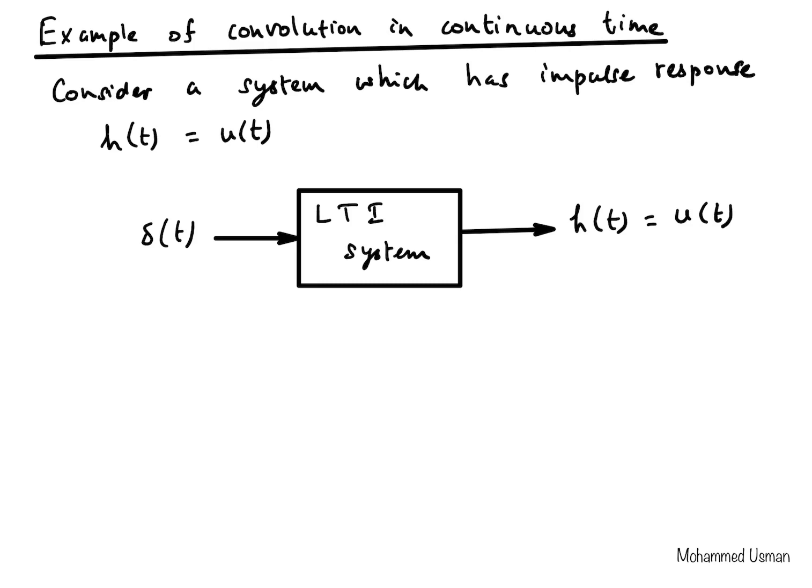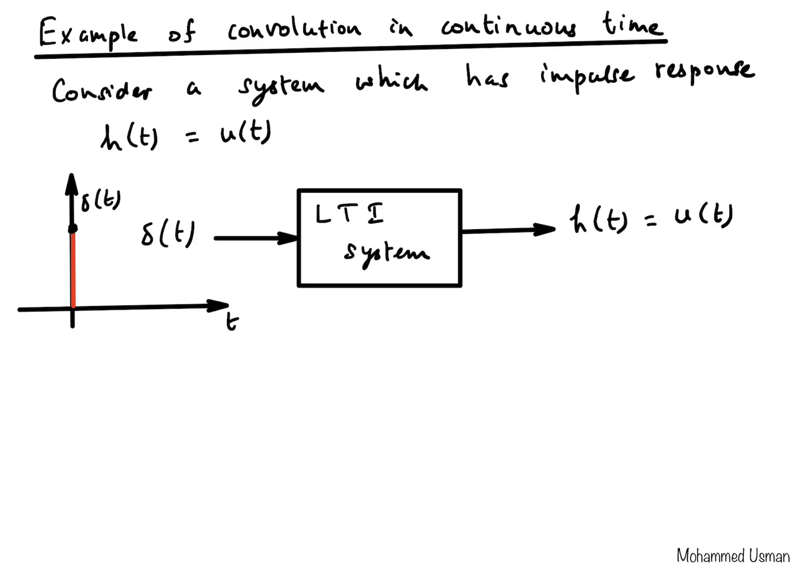Or if we had to plot this, basically what that means is when the input is a delta function, a unit impulse function, that's t, that's delta of t, right? And the output that we get from this system is a unit step function.